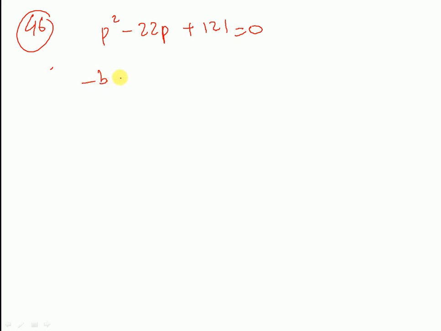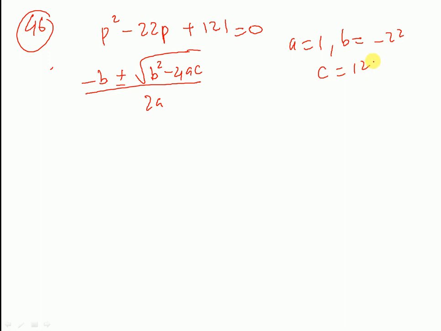Minus b plus or minus the square root of b squared minus 4ac, over 2a. In this case, a is 1, right? The number in front of the square term is 1, b is minus 22 and c is 121.